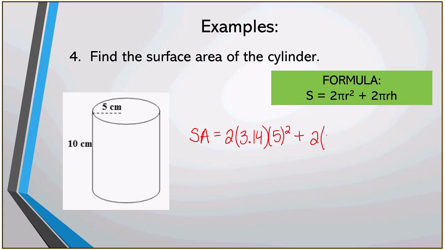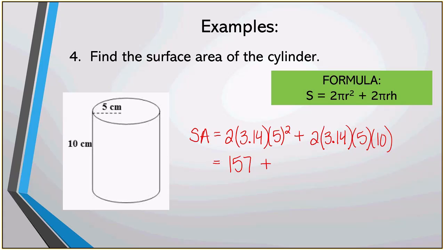The second part, 2 times 3.14 times 5 times 10. Radius times height. So then these are the numbers we're going to try to crunch out in your calculator. 2 times 3.14 times 5 is 157. And I realize that I'm probably punching this stuff in faster than you can, but if you're at least following along and writing this stuff down, you know how I got those numbers, right?